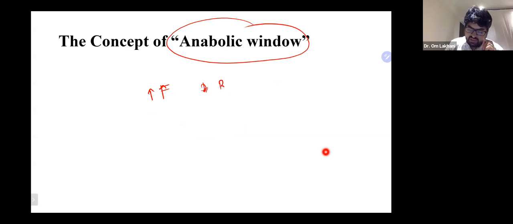It does not have any effect on the breakdown. So there is a small window of opportunity where there is a dissociation between the cycle. The formation occurs, but the breakdown does not happen. This period of time is known as the anabolic window.